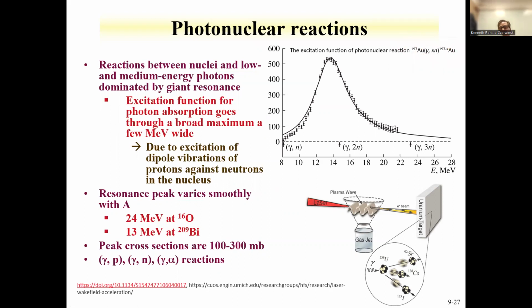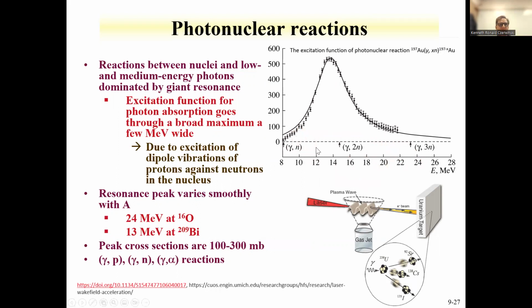This could actually be used, and it is used in gold mining. Imagine you have some ore and you want to know if there's gold in the ore. You can have that ore pass through a photon source at these energy ranges.